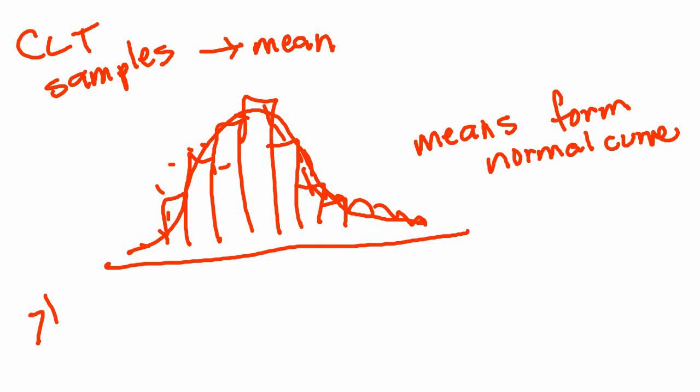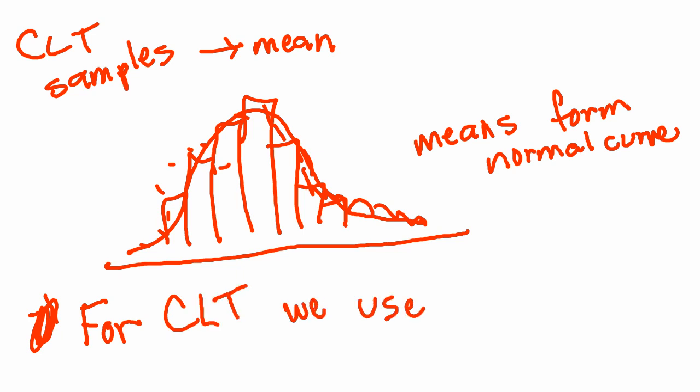Find the probability that the sample mean is between 42 and 50. Okay, so you have to do a little bit of reading here, but for the central limit theorem, we don't use the standard deviation. We use the standard deviation divided by the square root of n.